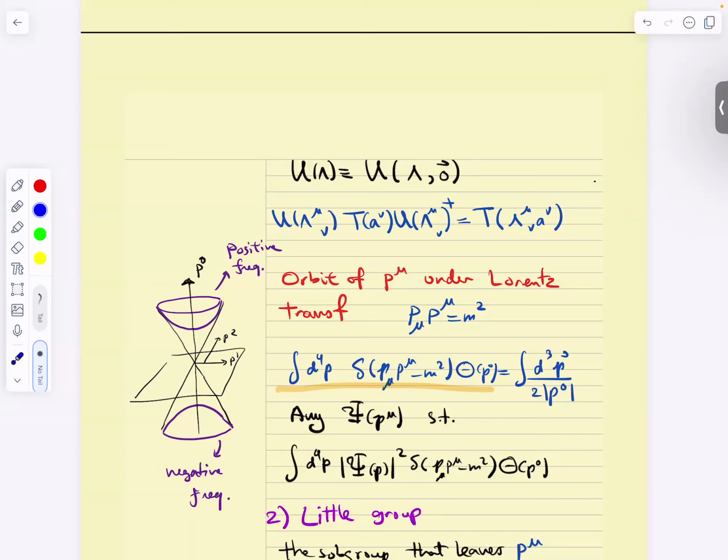So the group is abelian. Its irreducible representations are one-dimensional, and that's what they are, ket-speed. Time translations acting on this ket-speed is just multiplied by a phase. That's all it is.